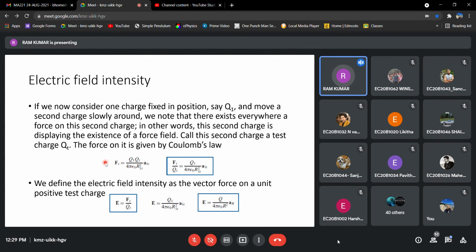Now what is electric field intensity? This force per unit positive test charge. What is the test charge? The charge which we move around the fixed charge, right? QT. So Ft by Qt is equal to Q1 by 4 pi epsilon naught R1T square times the unit vector. This is the electric field intensity. You know this very well, because you have already studied this, right?